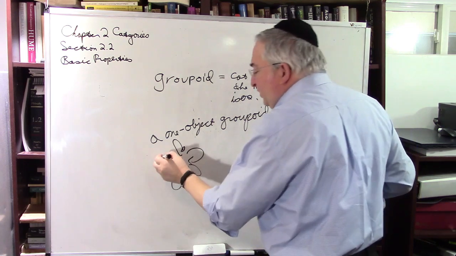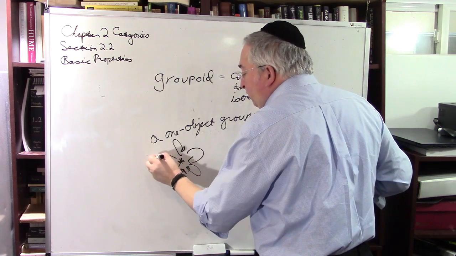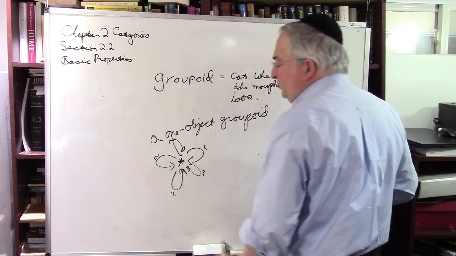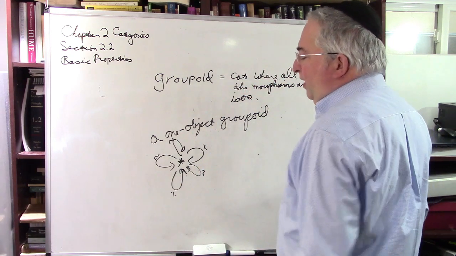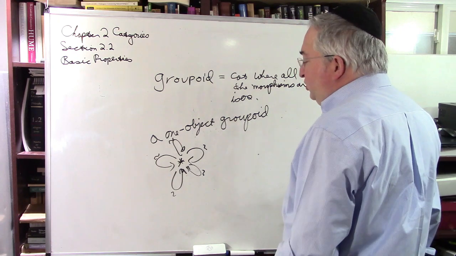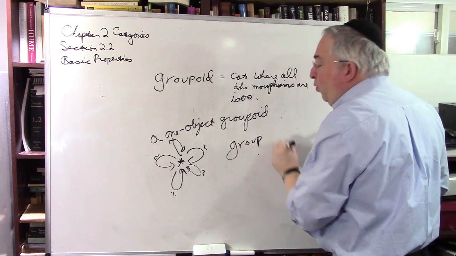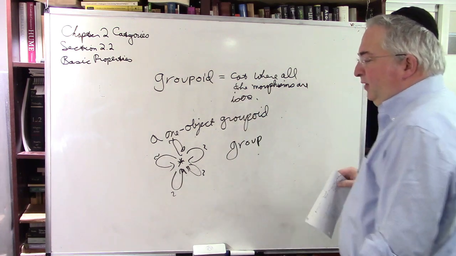But every one of these morphisms is an isomorphism. The way you write isomorphism is you put a little twiddle on it. So you can undo every one of those morphisms. Such a thing is called, you guessed it, a group. A one-object groupoid is a group.